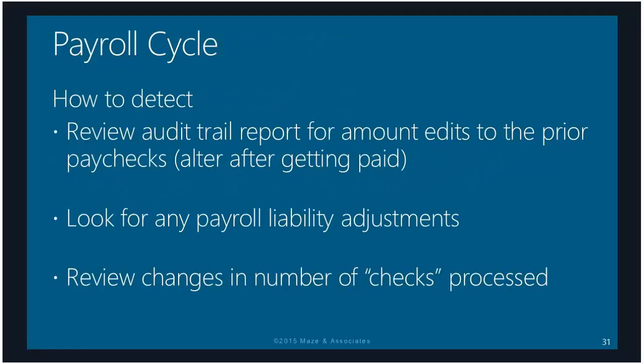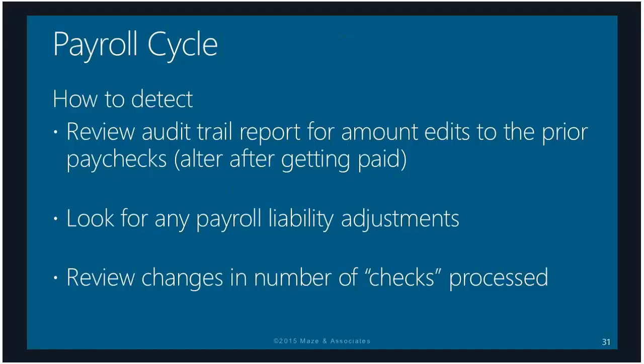Good ways to detect these schemes is to review the audit trail report for amount edits to the prior paychecks. These are basically alterations made either in the system or to the checks after they get paid. Look for any payroll liability adjustments, and review changes in the number of checks processed.